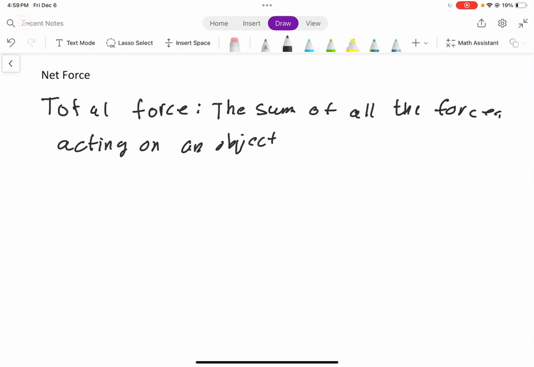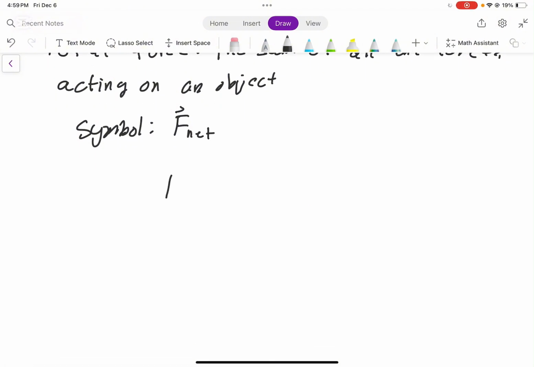How is this useful for us? Well, first of all, the symbol for net force is always just F vector, force, so net. So if we have maybe a sum of forces, if we have force net, this is going to be equal to F1 plus F2 plus F3, and so on and so forth.